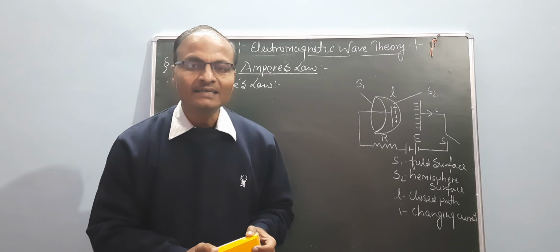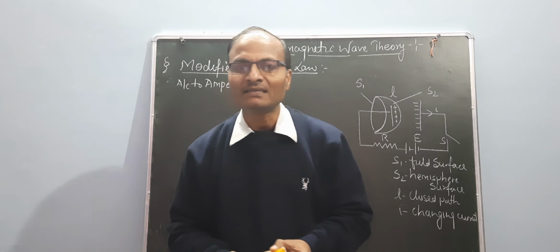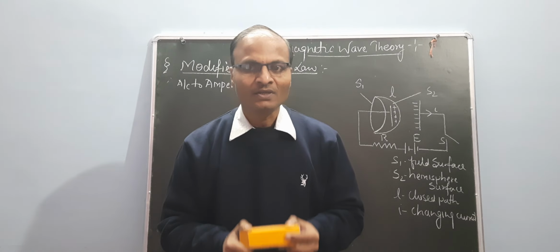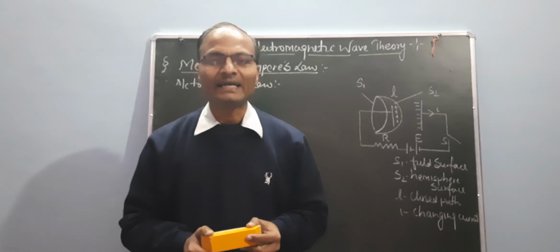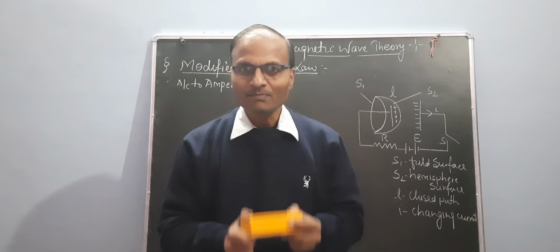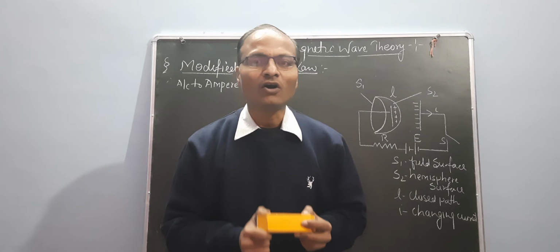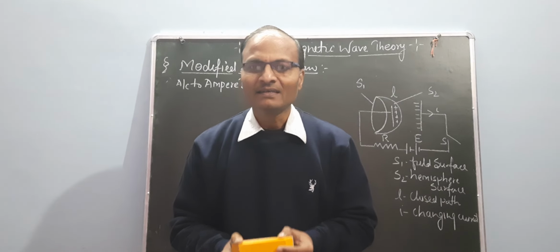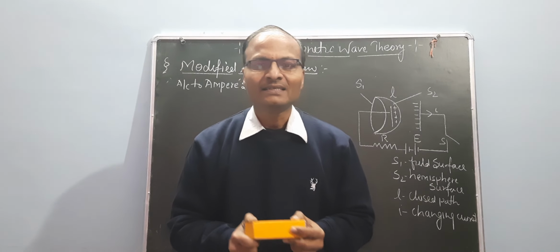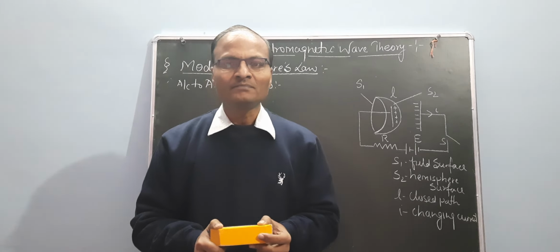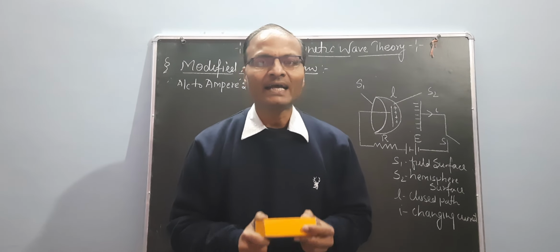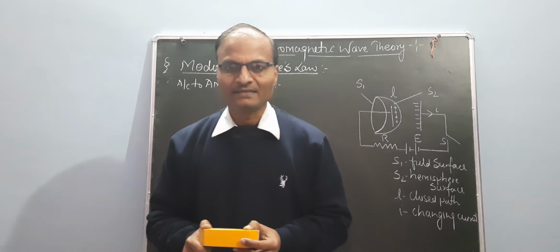Like conduction current, displacement current is also a source of magnetic field. The displacement current is called a current in the sense that it has the same dimension as that of current.